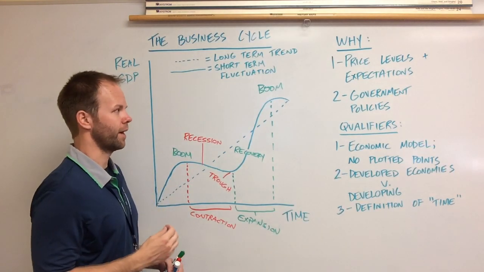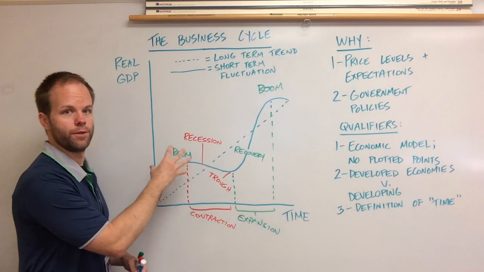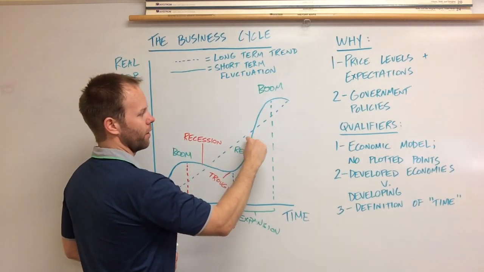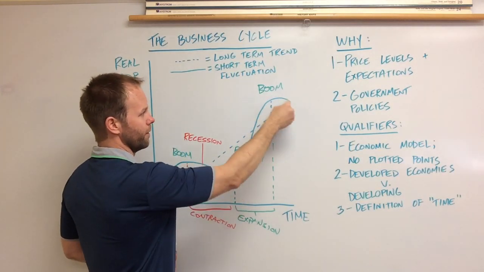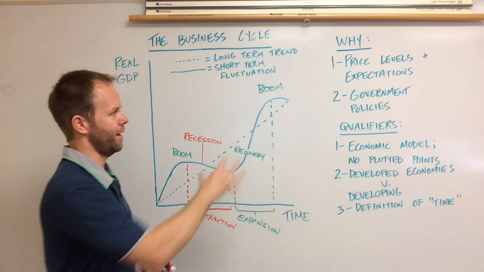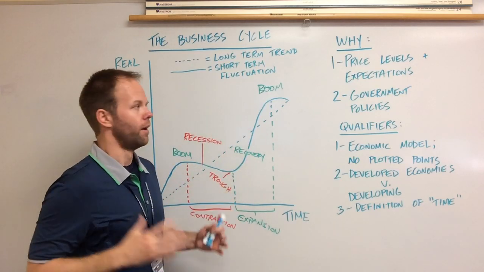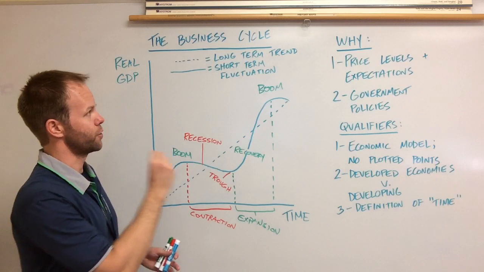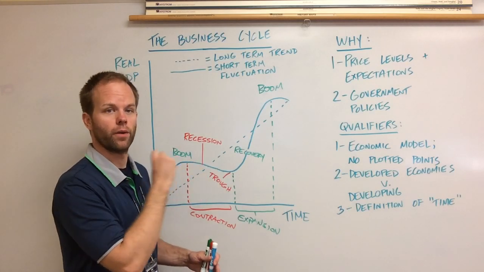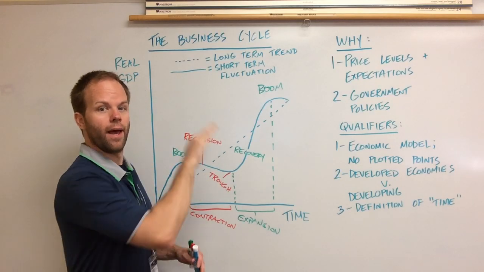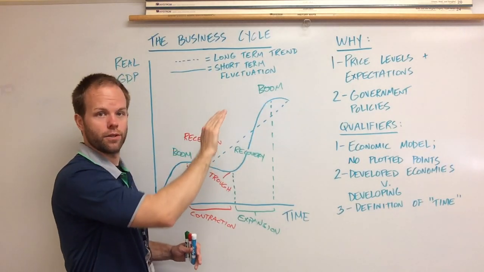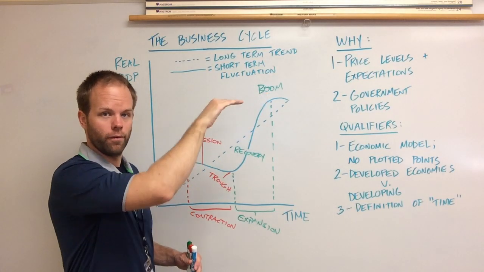So a decrease in the economic growth rate we can observe during a boom period when our curve starts to flatten out a little bit. Okay? If we have had multiple years of a short-term fluctuation that is greater than the long-term trend, and that short-term fluctuation starts slowing down, right?